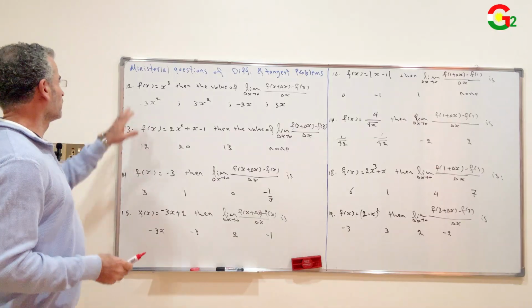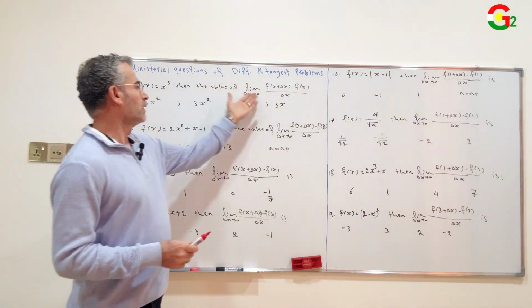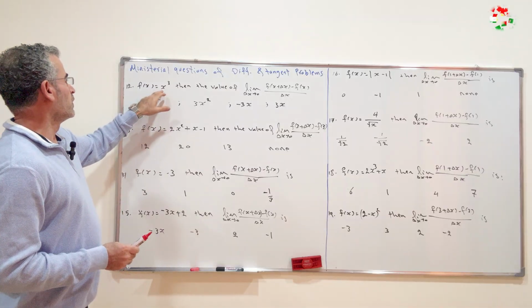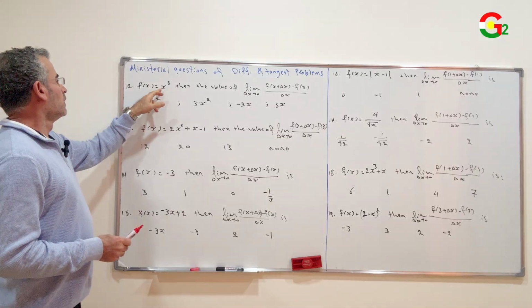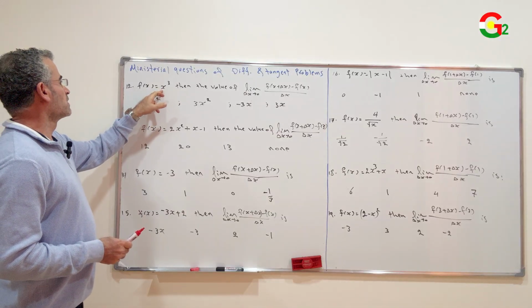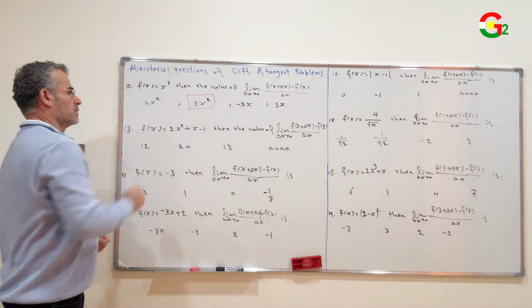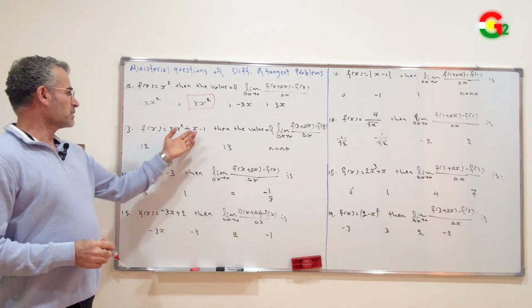Question number 12, f of x equals x cubed, then the value of the derivative is, if we use the rules of differentiability, then the derivative of this function is 3x power 2. Choice B. F of x equals 2x power 2 plus x minus 1.